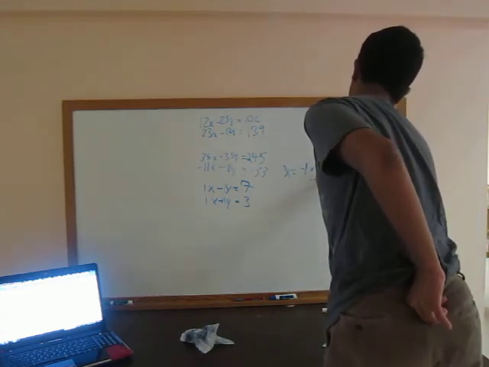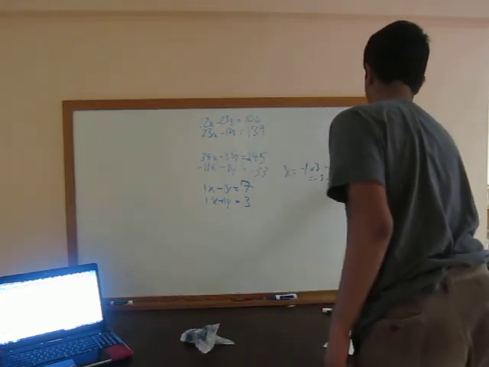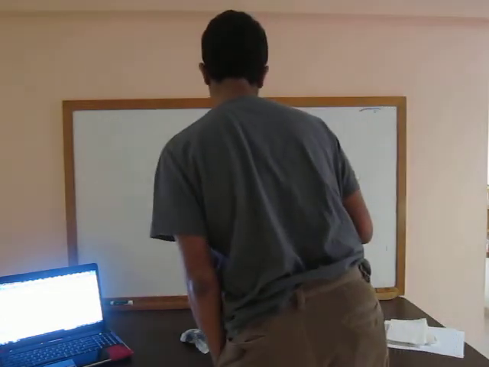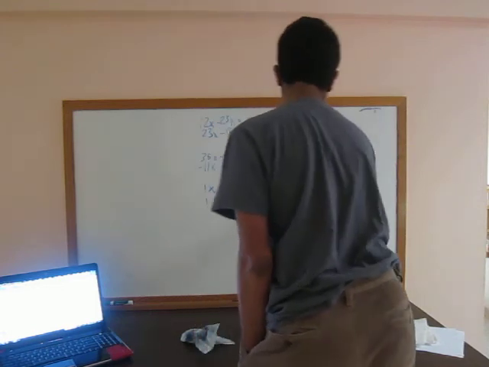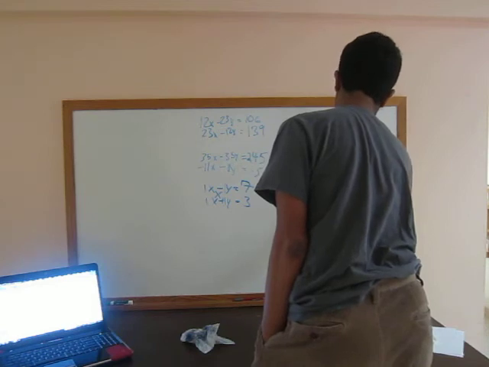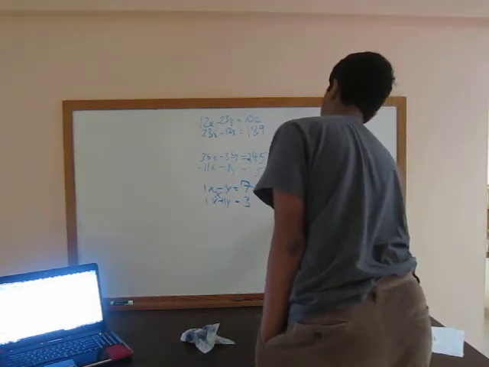So negative 3 minus 7 is negative 10, divided by the denominator, which is 1 times negative 1 minus 1 times 1, which is negative 1 minus 1, which is negative 2. This makes x equals 5.